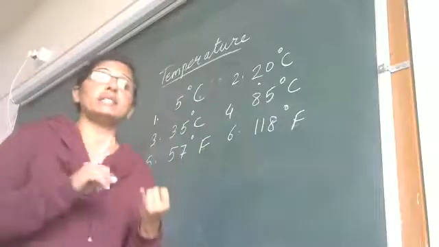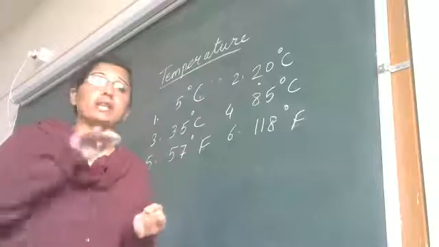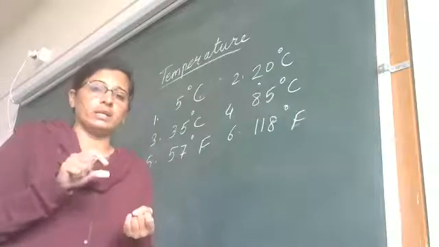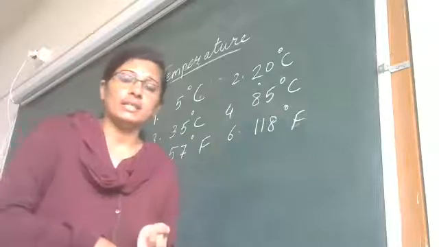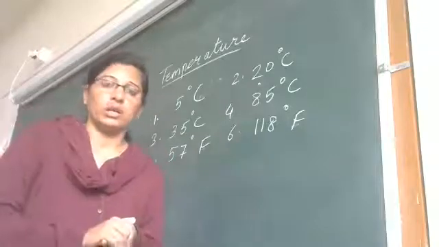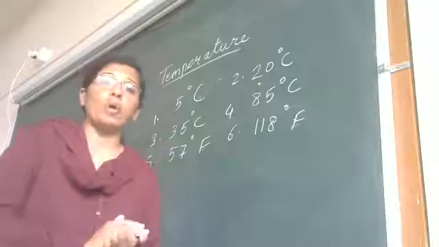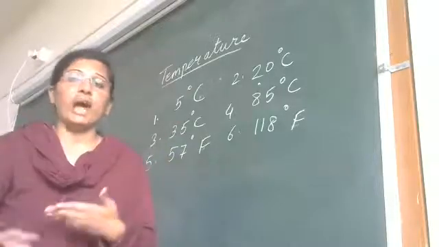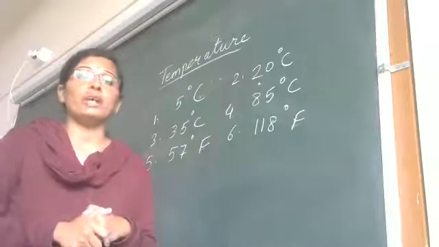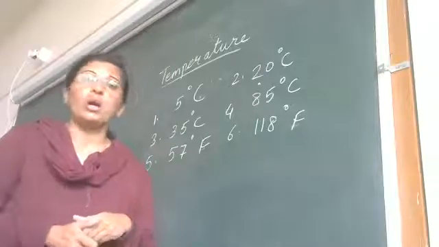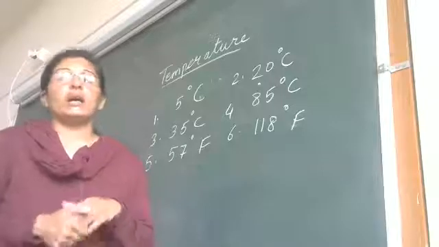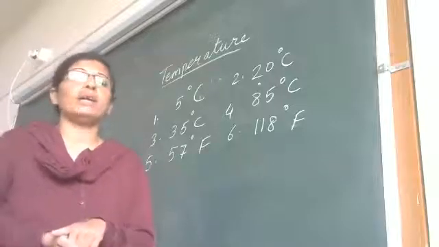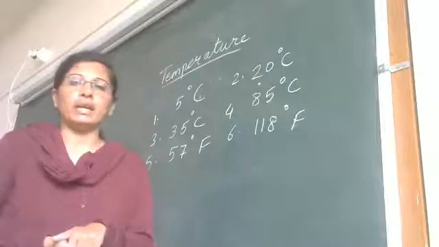You should know that 0 degrees Celsius is the freezing point of water, 100 degrees Celsius is the boiling point, and our normal body temperature is 37 degrees Celsius. Like that in Fahrenheit, 32 degrees is the freezing point, 212 is the boiling point of water, and the normal body temperature is 98.6 degrees Fahrenheit.